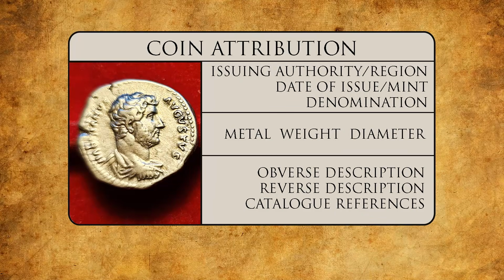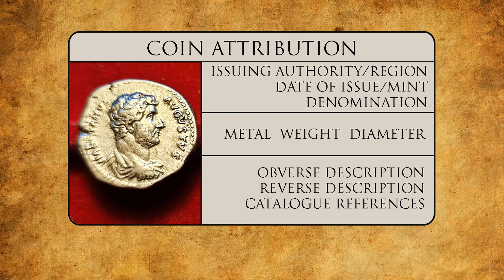Okay, back to the topic. Here on your screen now is a list of the items that we need to have in our attribution. There's more information you could potentially put in here, but what you see is the bare minimum. We can break these items down into three main types of information, three subcategories. We have geographical and temporal information on the coin, so who, where, and when it was made.